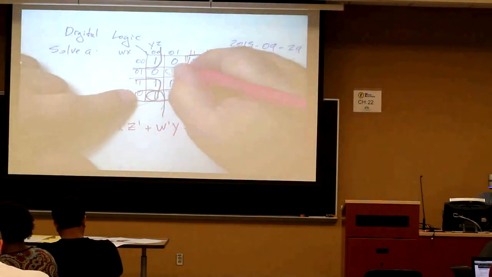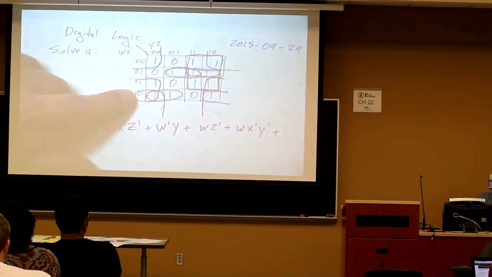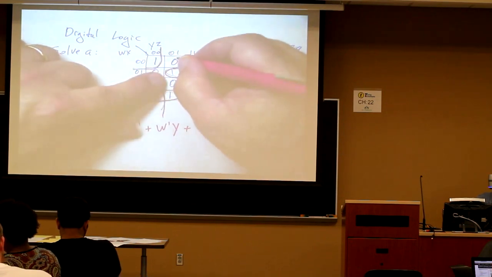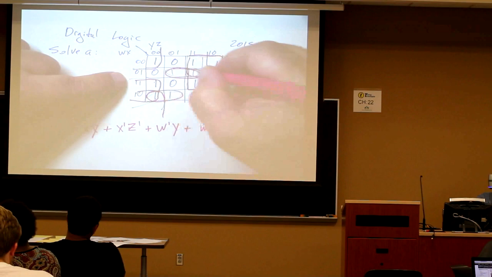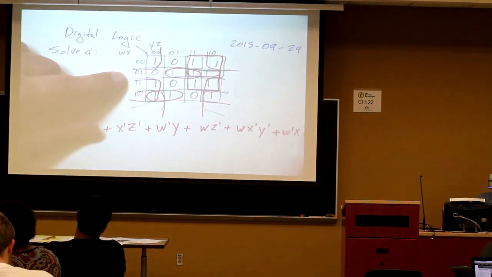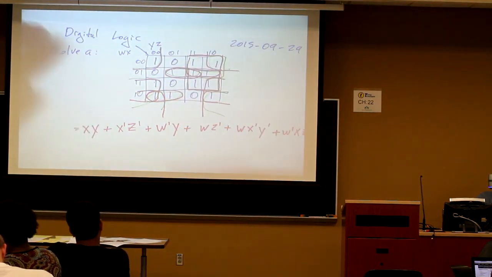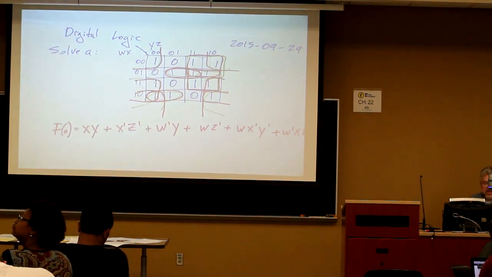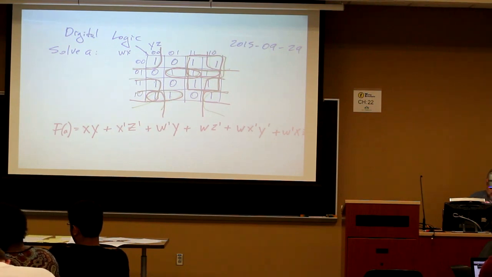And then finally, to grab this one, it's going to be W prime x, and then these 2 columns are going to be such that it is Z. So your function for the character A is going to be equal to this set of equations, 1, 2, 3, 4, 5, 6.